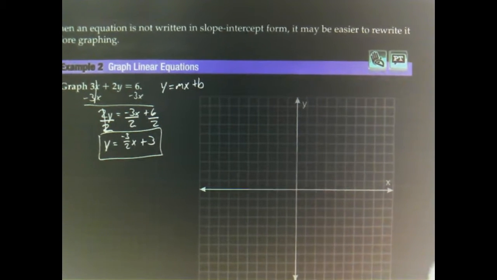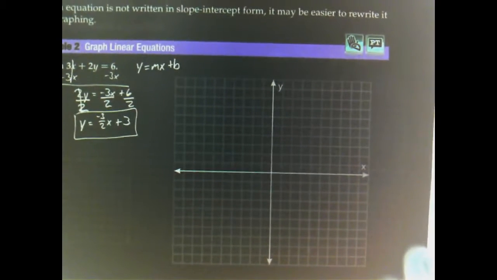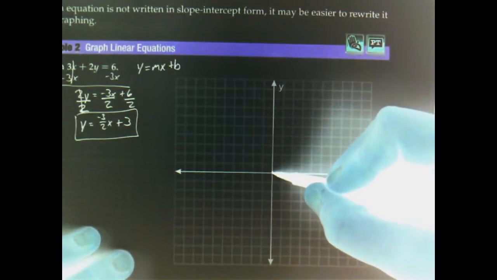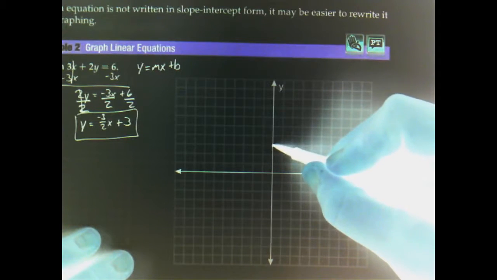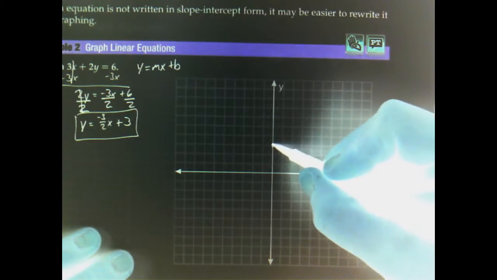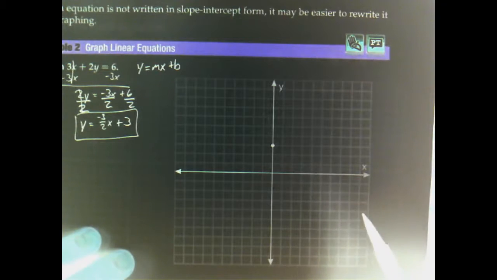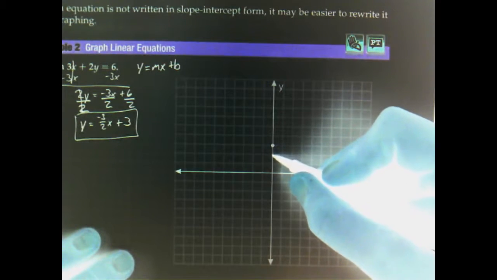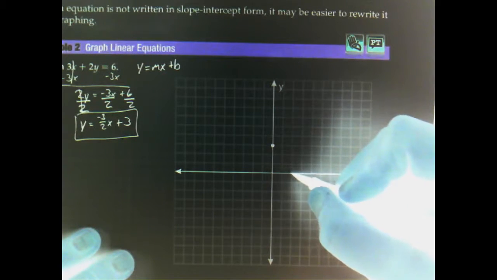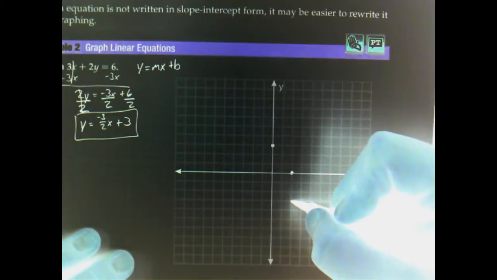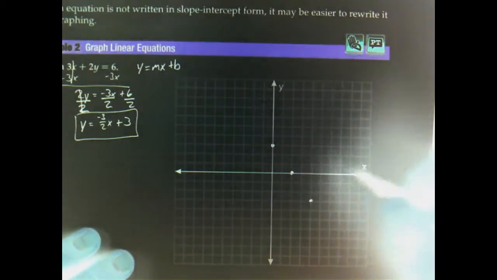Now, in order to graph it, I do the exact same thing I've done all lesson. I go up to positive 3, 1, 2, 3, put a point. Now I use my slope to find more points. Negative 3 over 2, my rise is down 3 over 2, and I can find as many of those as will fit on the graph. 1, 2, 3 down, 2 over, there's another one.